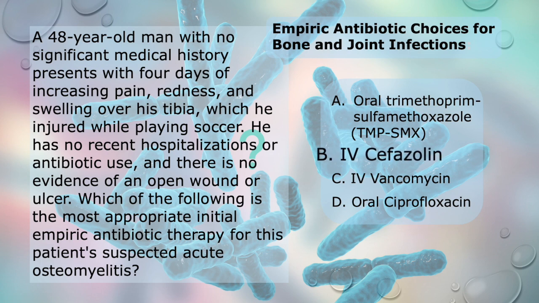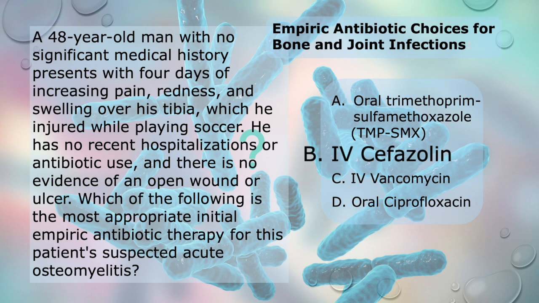If you chose B, IV cefazolin, you are absolutely correct because acute osteomyelitis is frequently caused by Staphylococcus aureus, and in patients without risk factors like MRSA or an open wound, anti-staphylococcal penicillins or cefazolin are appropriate choices for this empiric therapy.